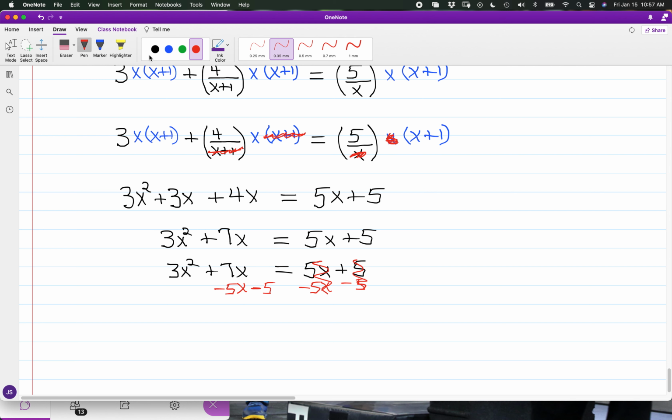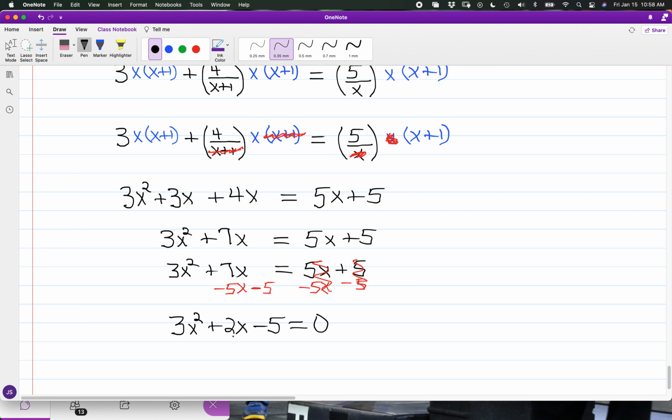So you're going to have in this particular layout 3x squared, 7x minus 5x, okay, so this will yield 2x. And we have minus 5, okay, is equal to 0.